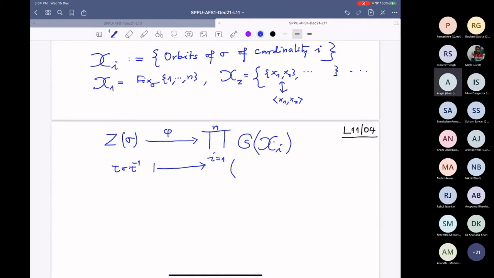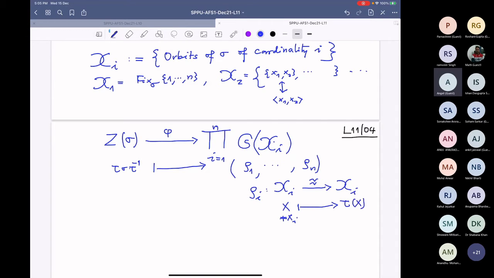I don't know what to write. If I want to write, I will write rho 1 to rho n, where rho I is a map from Xi to Xi, and this map is obviously bijective. And one orbit here, if I only write the orbit by x, this x has cardinality I, that will go to tau of x.